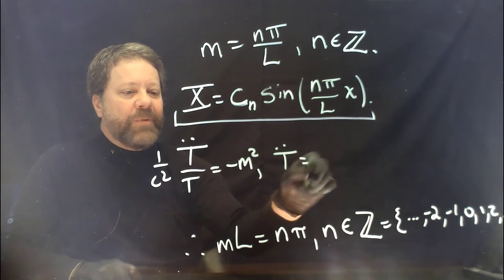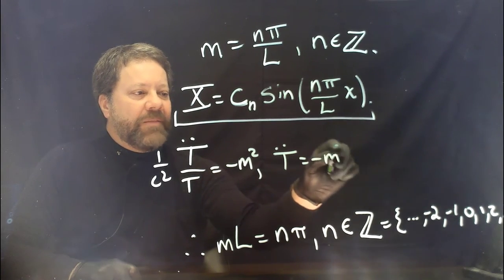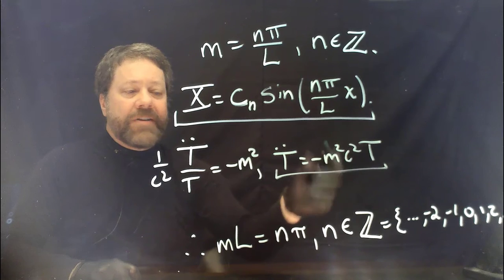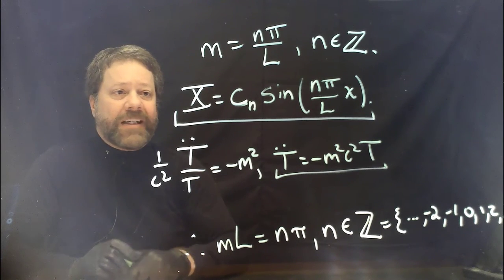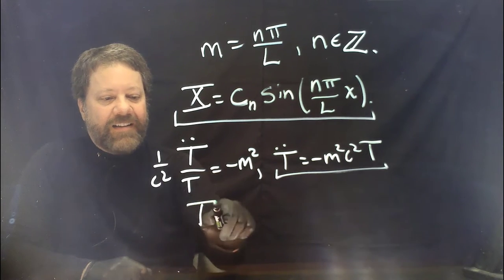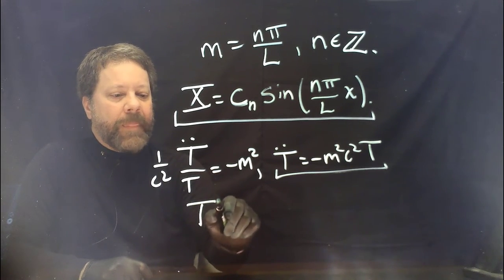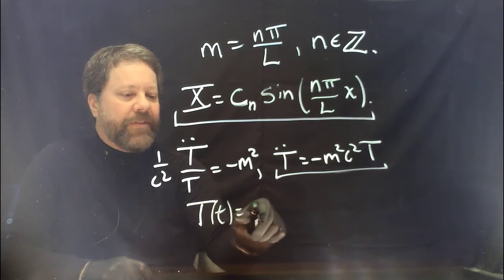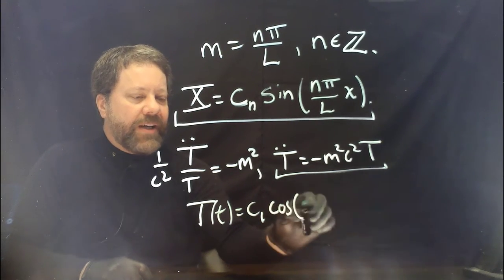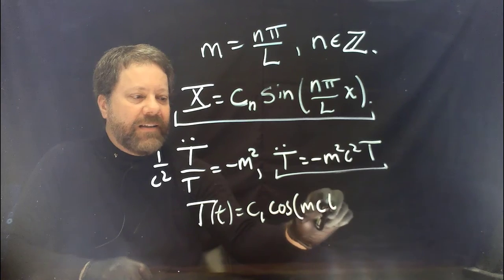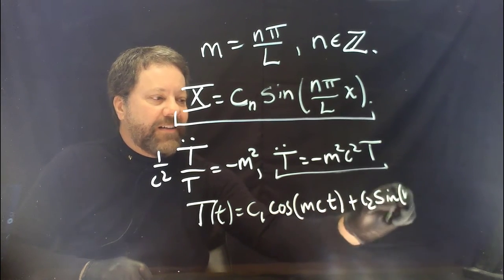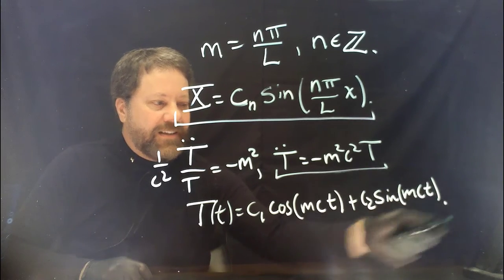T double dot will be minus m squared c squared times T. This is very similar to the situation that we just encountered for X. You can see then that T will be of the form c1 cosine of mct plus c2 times the sine of mct.